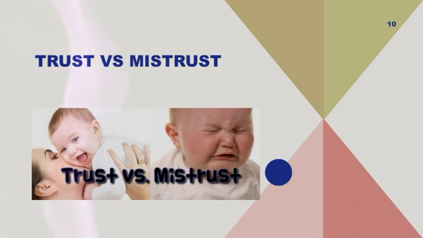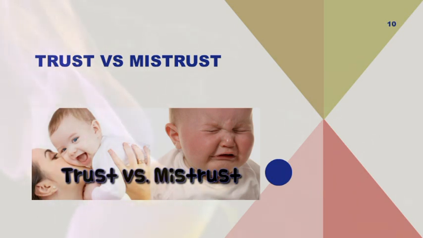This is part of Erik Erikson's developmental schema, and it represents the first stage in psychosocial development. Basic trust versus mistrust typically occurs during infancy and early childhood, so that's spanning from birth to around 18 months or around 2 years. And at the core of this stage is the infant's developing sense of trust in the world and the people around them.